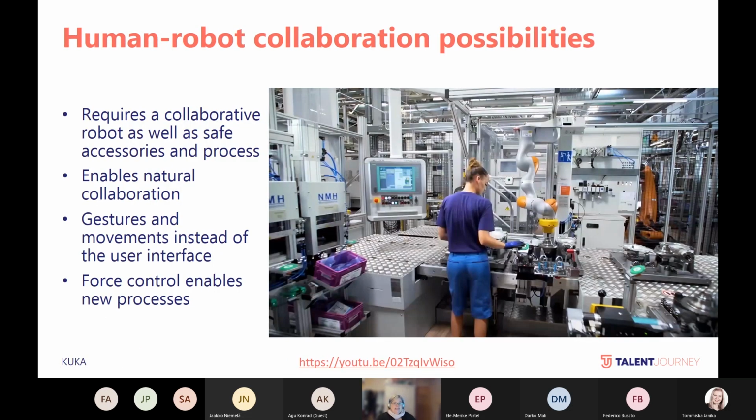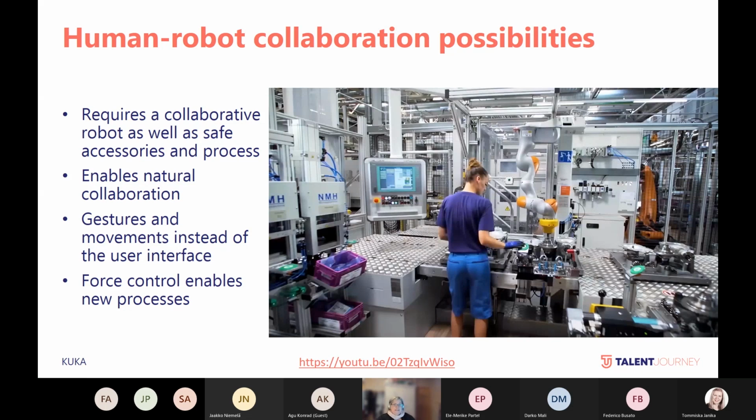Okay, let's think a little more about human-robot collaboration opportunities. Collaboration therefore requires the actual collaborative robot, but also safe accessories and the process itself. This inherently enables safe collaboration.